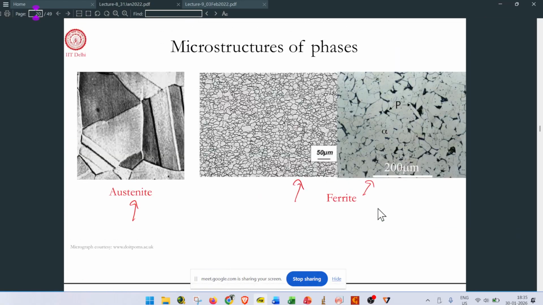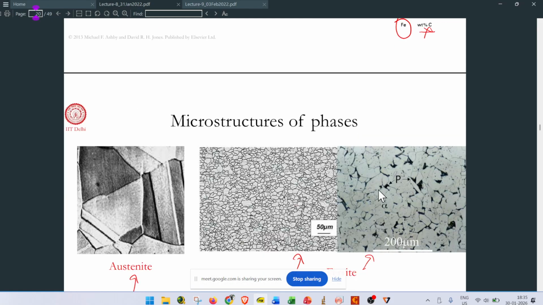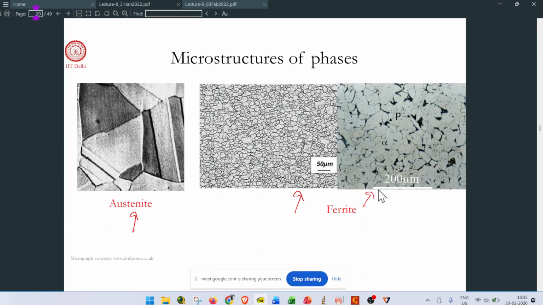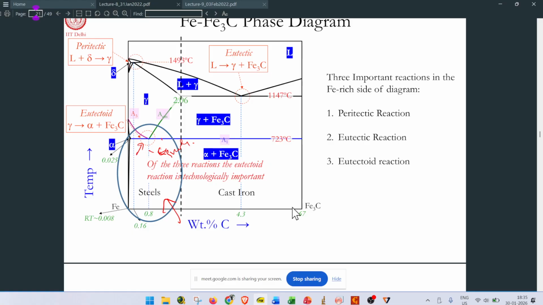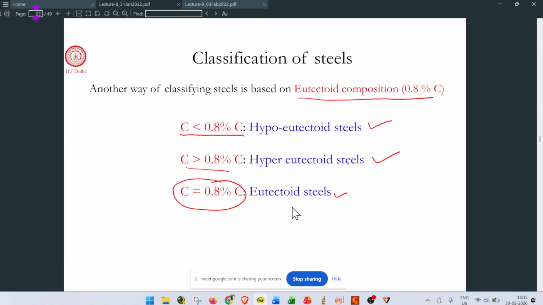But if we increase the carbon percentage, the microstructure will be a bit different. This is ferrite, the pure iron. Less than 0.8 percent is hypoeutectoid, above 0.8 percent it is hypereutectoid steel, and exactly at 0.8 it is eutectoid steel.